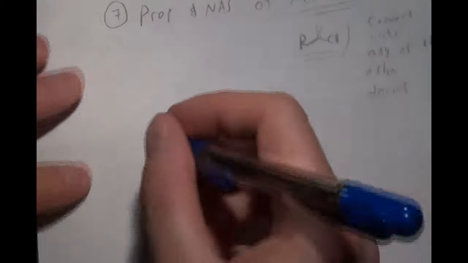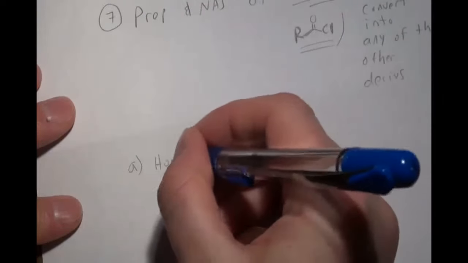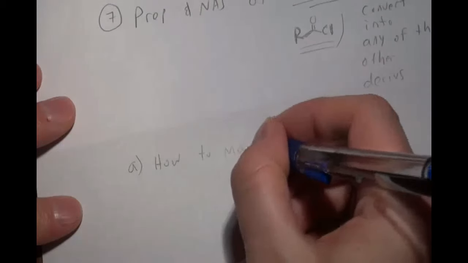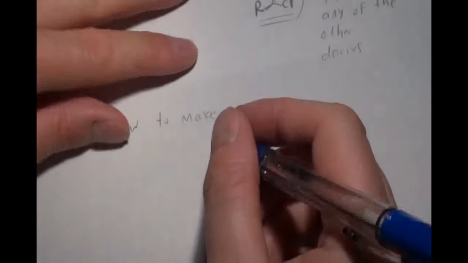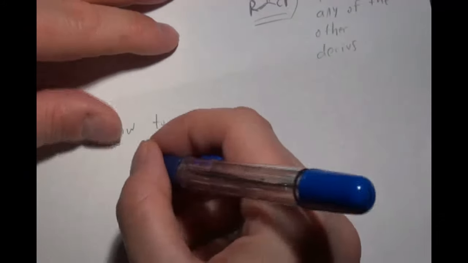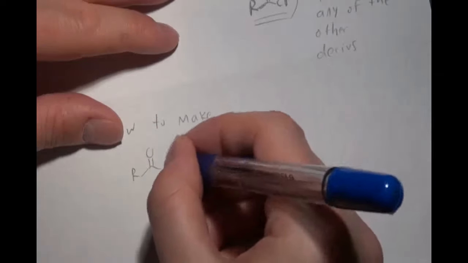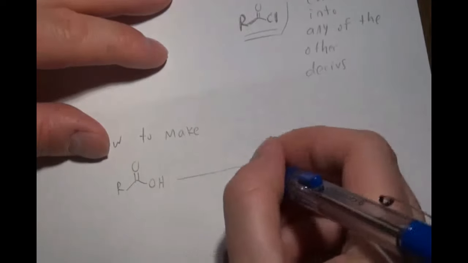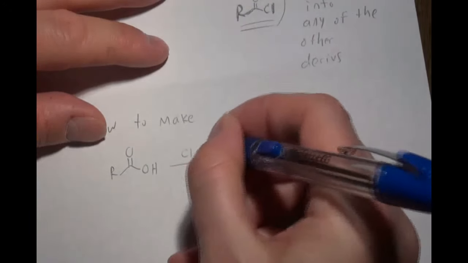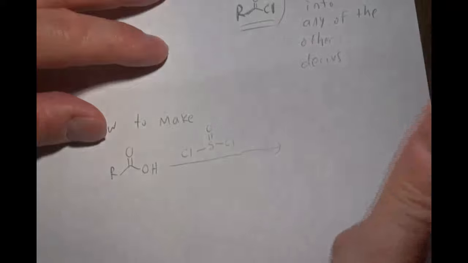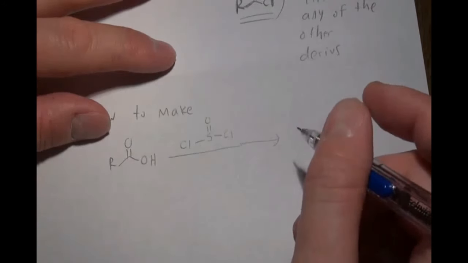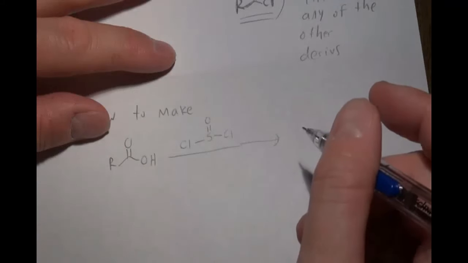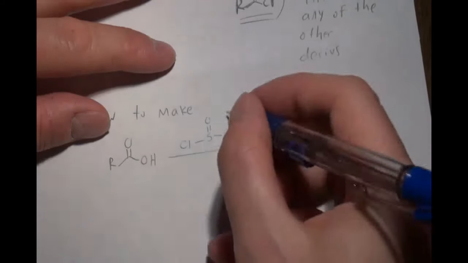Okay, so the first thing about acid chlorides is how to make them. How to synthesize an acid chloride from a carboxylic acid. How do we do it? So this will be a reaction of the carboxylic acid with this reagent, which you've learned before. What's the name of it?